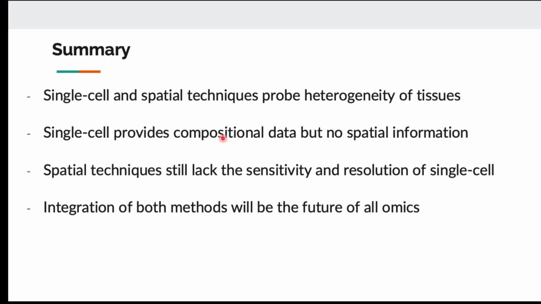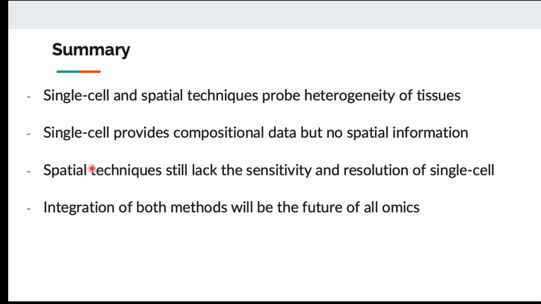Okay. So just to summarize, single cell and spatial techniques help us understand the heterogeneity of the tissues. Single cell data provide composition, but no location information. So currently people are trying to integrate the two. Single cell sequencing has sensitivity because it does sequencing for individual cells, but it lacks the structure information.